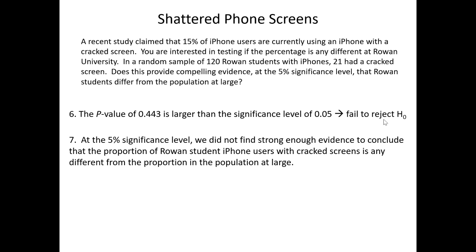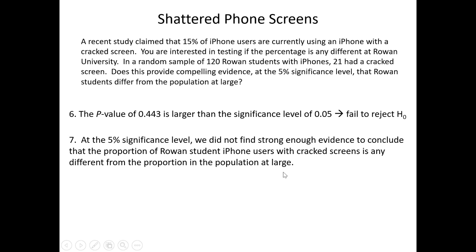And like I warned you about in videos 1 and 2, that doesn't mean that the null hypothesis is true, just that there was not strong enough evidence to be convinced that it isn't. So a good way to word this interpretation is, well, at the 5% significance level, we did not find strong enough evidence to conclude that the proportion Rowan was any different than the proportion in the whole population.